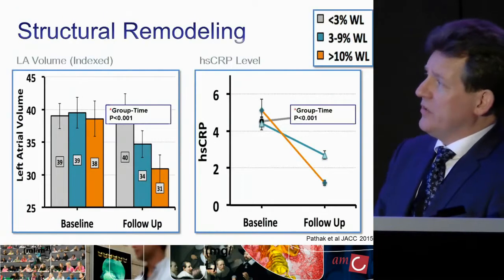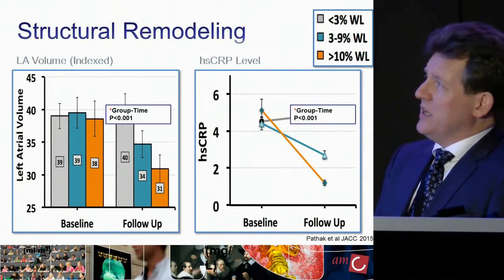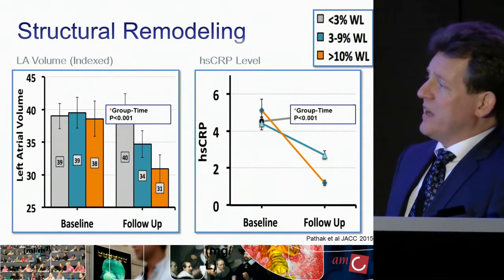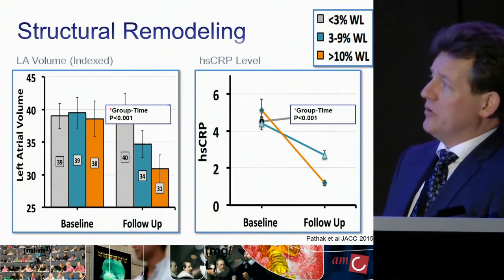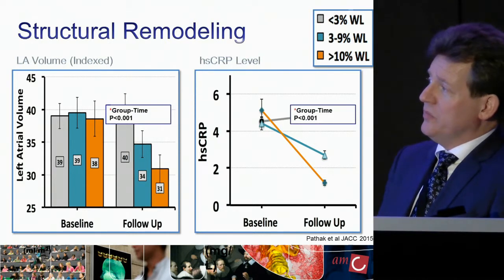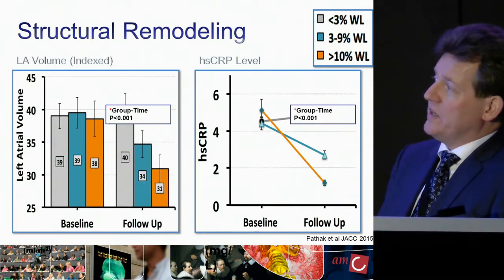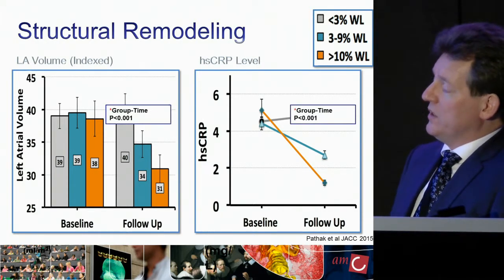And what they found was very interesting, because they found that this has an effect on left atrial size, left atrium volume. You see the groups here again. No weight loss or weight gain, 3 to 9%, and more than 10%. And you see that during follow-up, the left atrium volume decreases in a dose-dependent manner with the amount of weight loss.